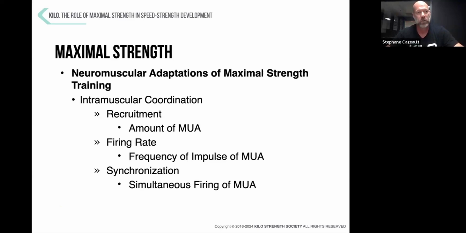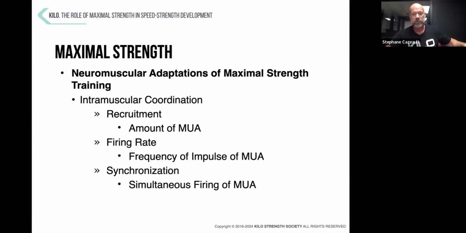What is intramuscular coordination? It's the ability of your nervous system to recruit motor units, or recruit fibers, within a specific muscle. So by working on maximal strength, you'll improve your recruitment potential, so the amount of motor units you're actually activating. I was saying earlier, from Hartman and Tünnemann's work, that the untrained athlete can barely recruit 60% of their motor unit potential.